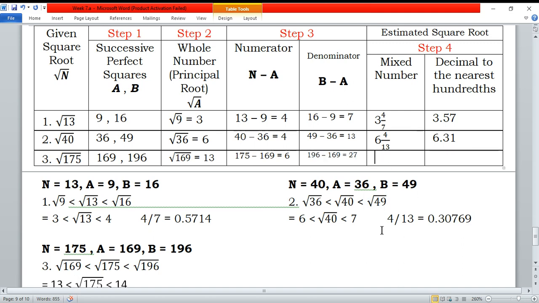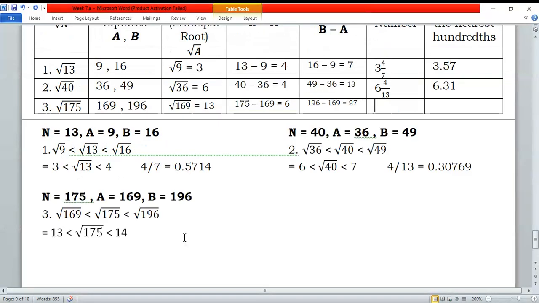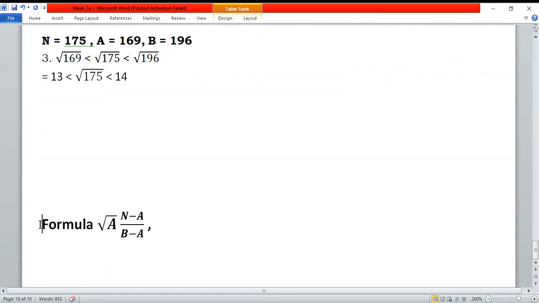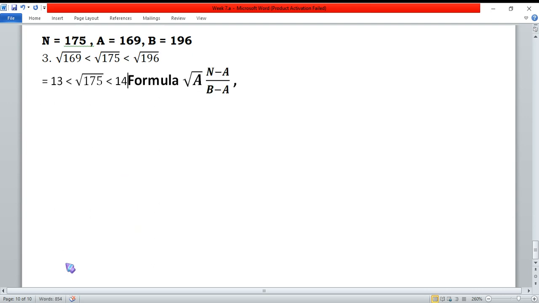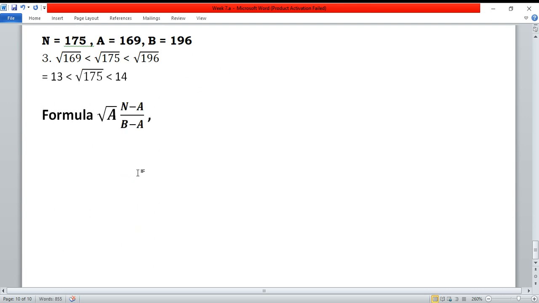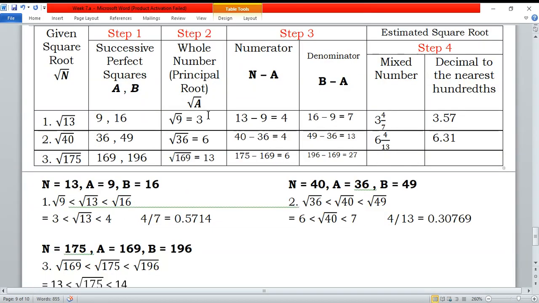Okay, sa fraction, mixed number naman natin. So, ang square root of A natin, ito, 13. So, that's 13.